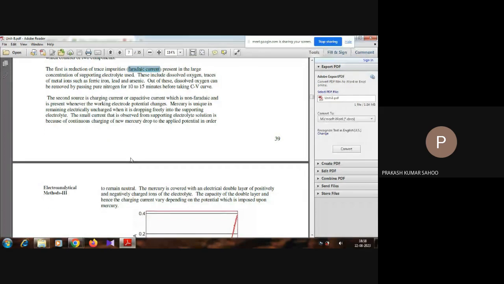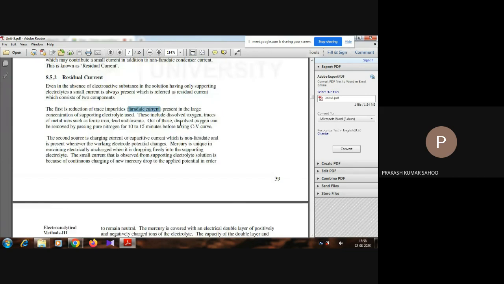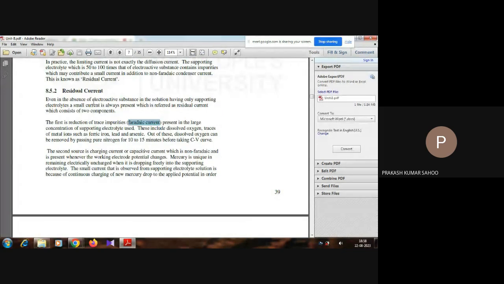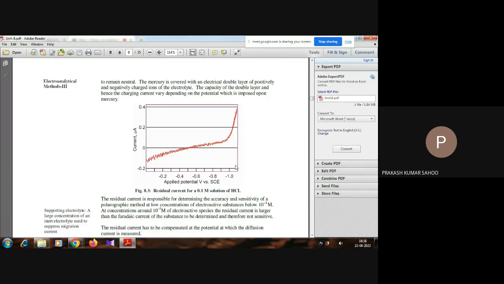And the second source is charging current or capacitive current, which is non-Faradaic and is present whenever the working electrode potential changes. So these things are responsible for your residual current. This current is generated when there is absence of electroactive analyte.